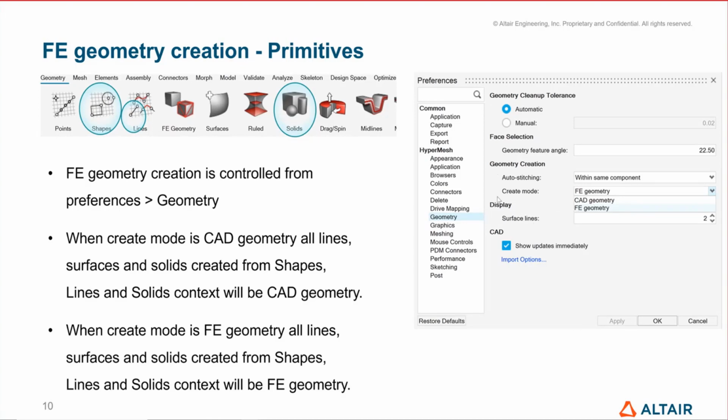In the preferences under geometry, you have a new option under create mode, as CAD geometry or FE geometry. When the mode is set to CAD, like today, any geometry that is created from these contexts would be CAD only. If the creation mode is switched to FE geometry, then the shapes, surfaces, lines, or solids will all be FE geometry.